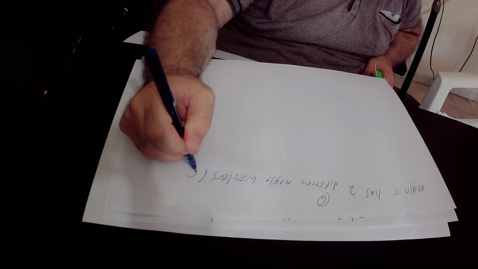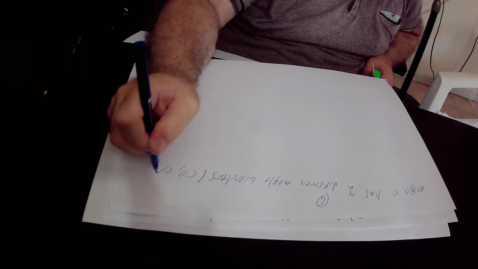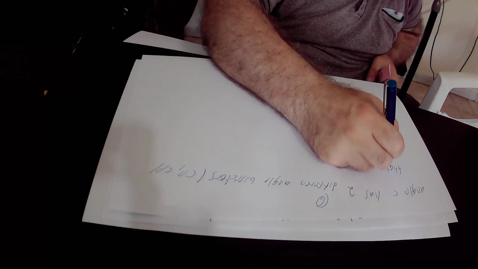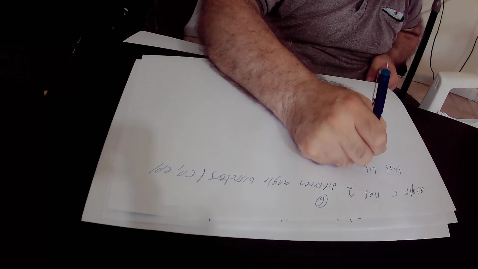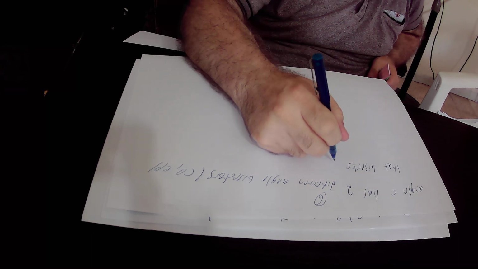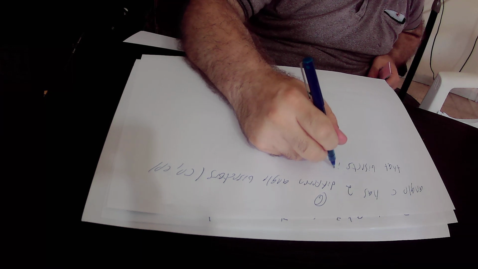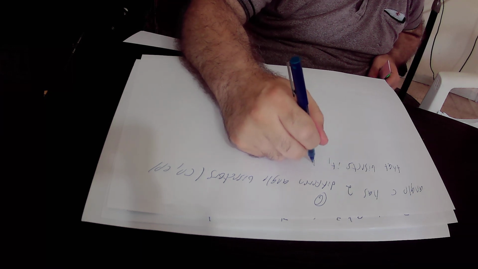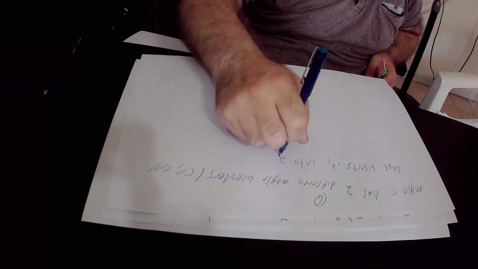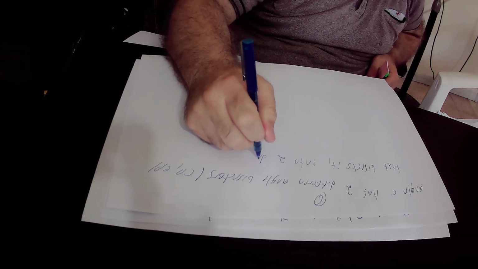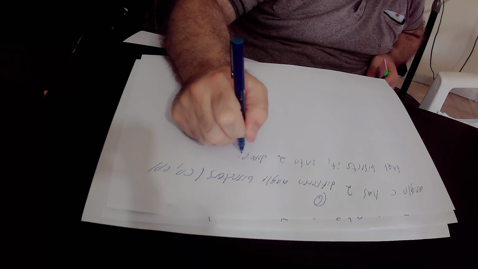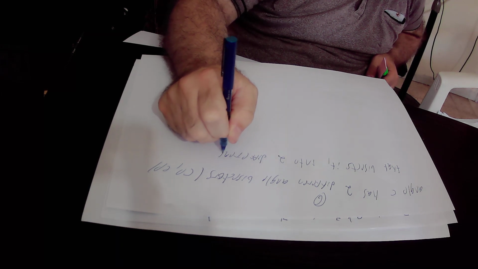That is to say, CO and CP bisect it into two different halves.